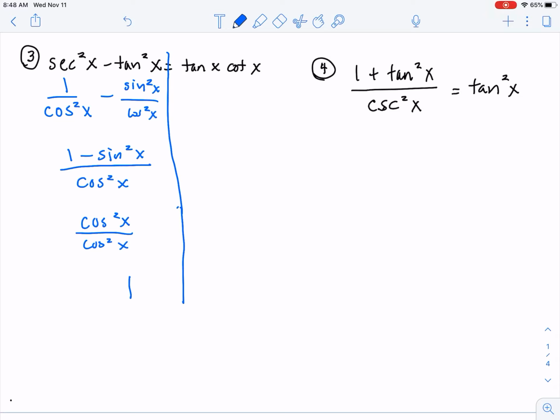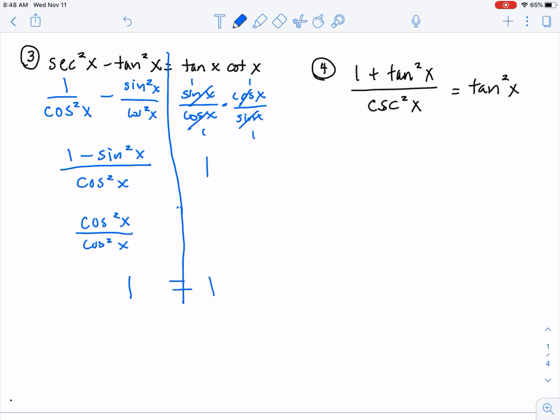On the right-hand side, looks like I need to simplify that. So tangent of x, well, what is that? That is the sine over the cosine times the cotangent, cosine over the sine. The sines cancel, the cosines cancel, and I get 1.